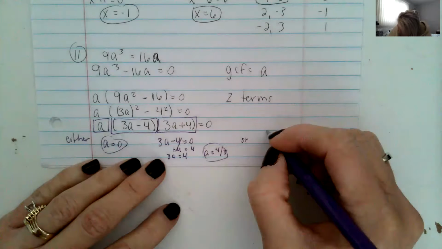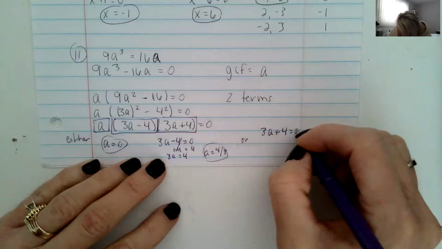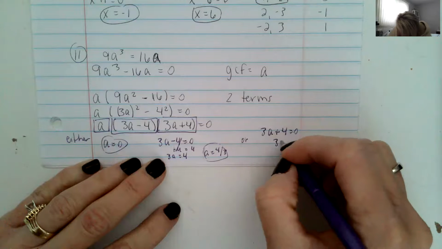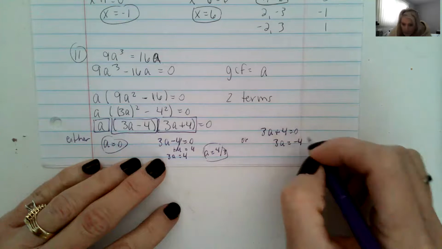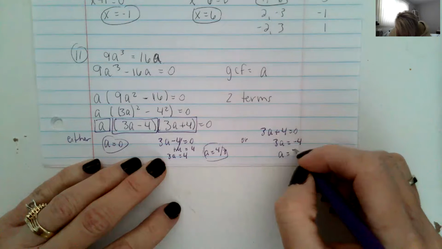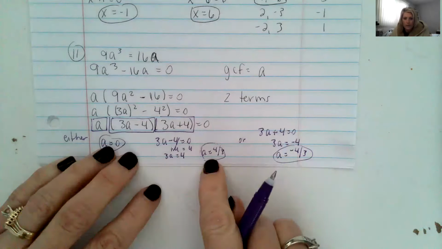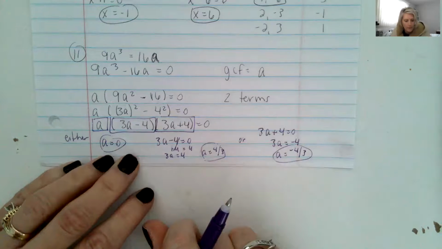Or we have 3a plus 4 equals 0. So if we subtract 4 from both sides and divide by 3, we get negative 4/3. So we have 3 possibilities for a on this one.